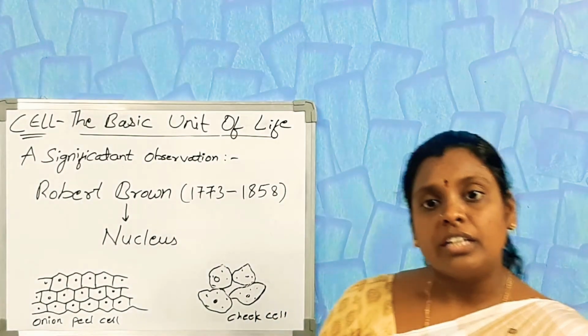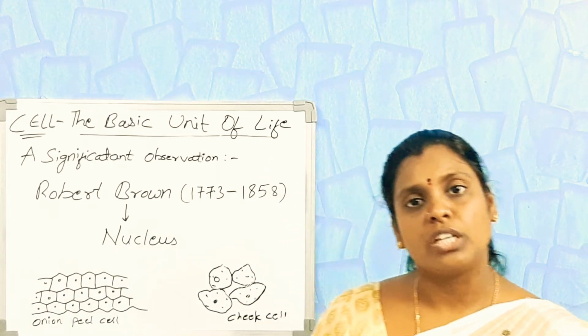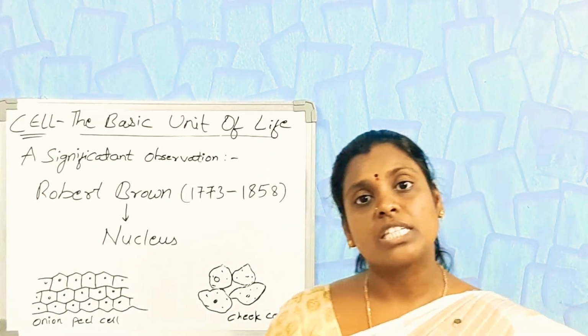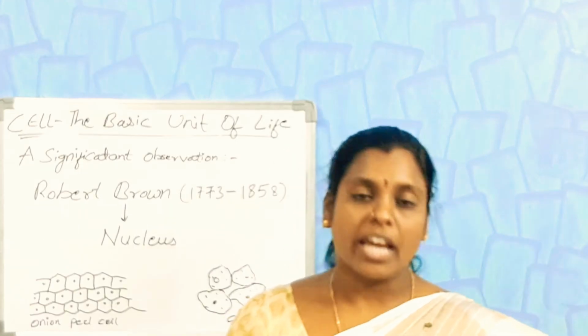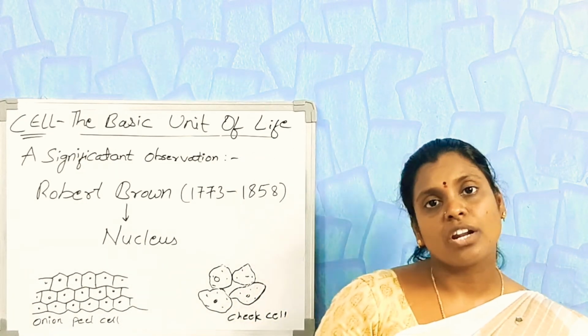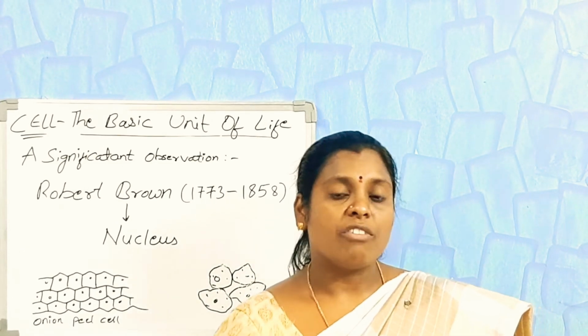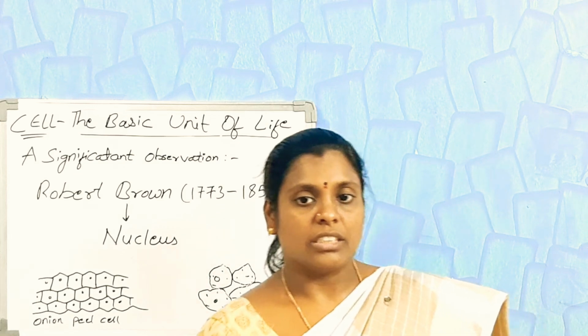Next, diversity in cell. Just now I have explained about the unicellular, meaning only the single cell will perform all the actions. Whereas in the multicellular organisms, different organs will perform different activities.